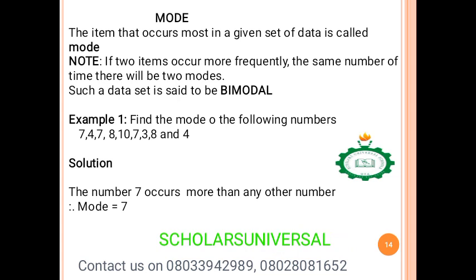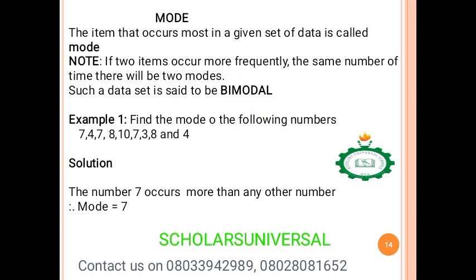For example, if we look at the students that have the highest mark in a mathematics test, and 2 of them scored 19/20, then the mode has 2 values. Such data is said to be bimodal. Bi means 2.